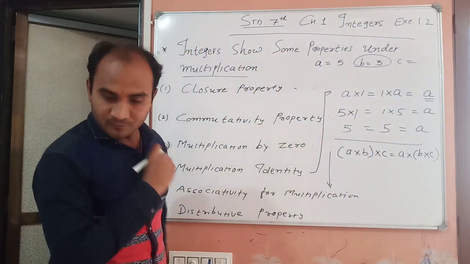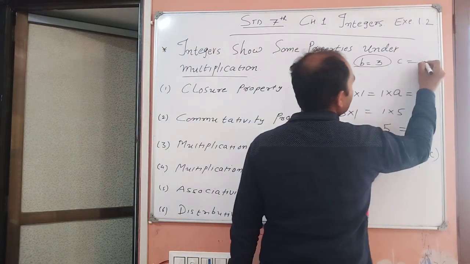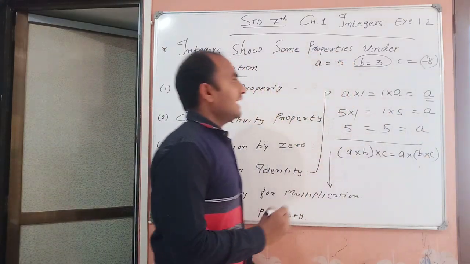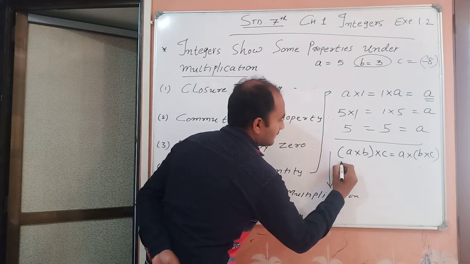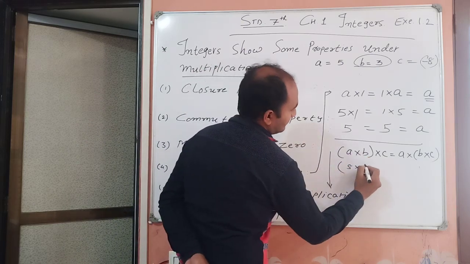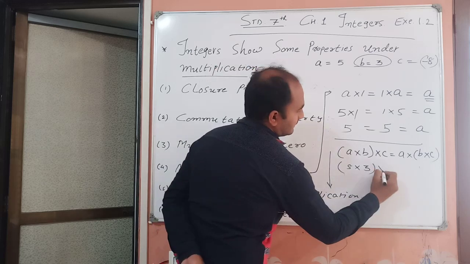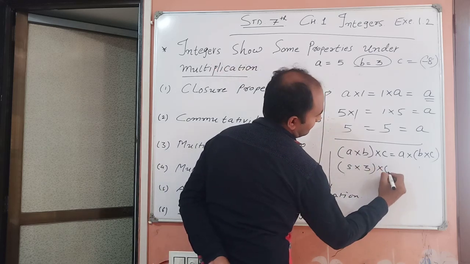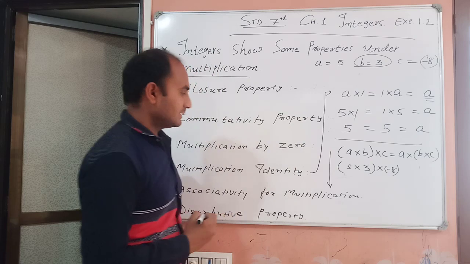Here we have to suppose the value of C. Suppose the value of C is equal to minus 8. See, A is 5, B is 3. What is the value of C? Minus 8.